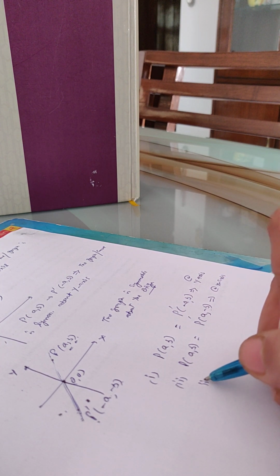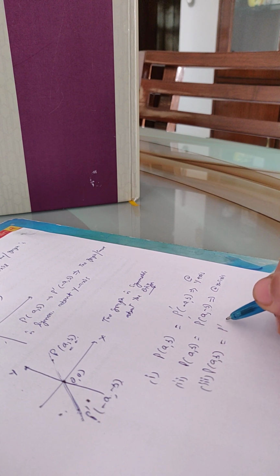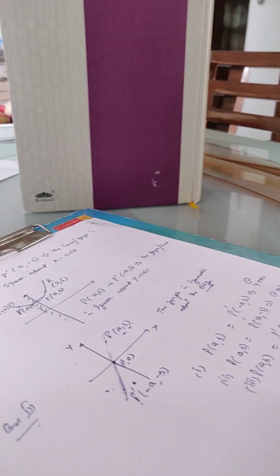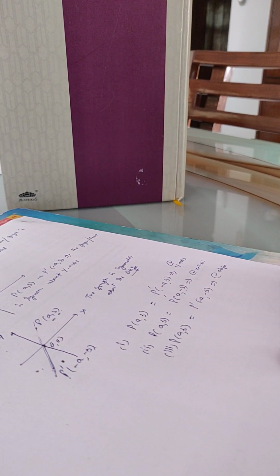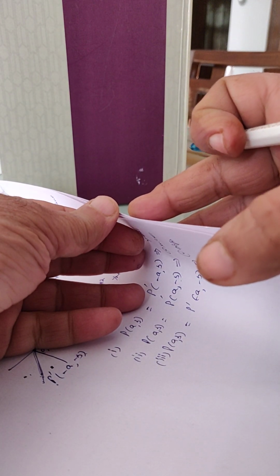And any point giving its reflection as (minus a, minus b), we say it is symmetric about the origin. This is something as introduction.